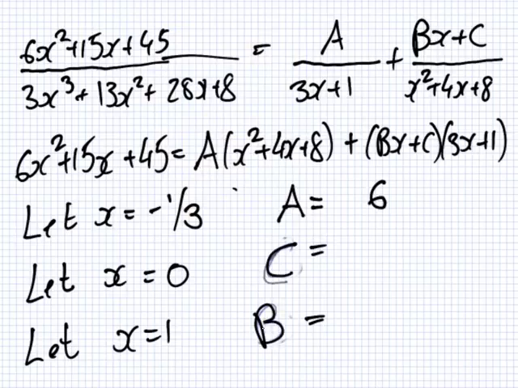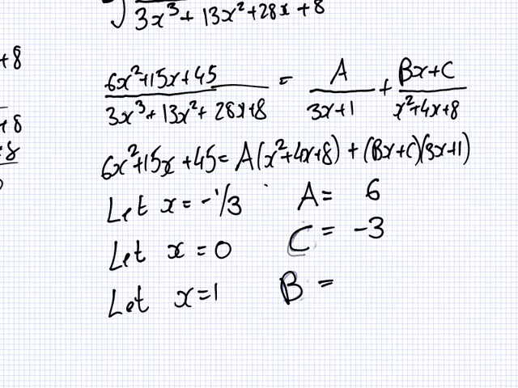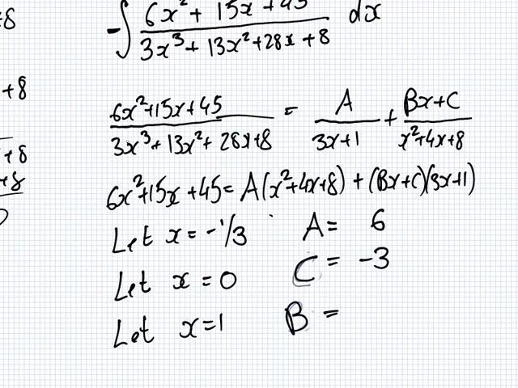Okay, what did you get for C? What did you get? Minus 3. And B then finally? You got it, Tony?